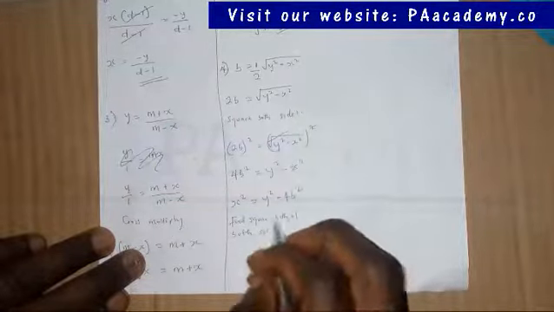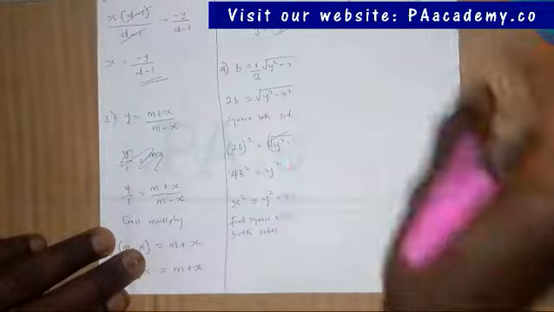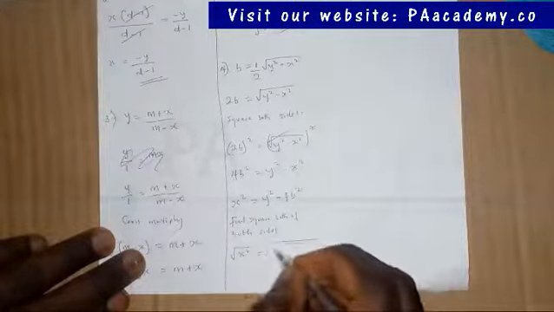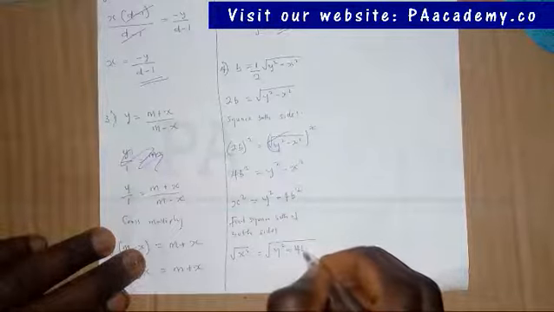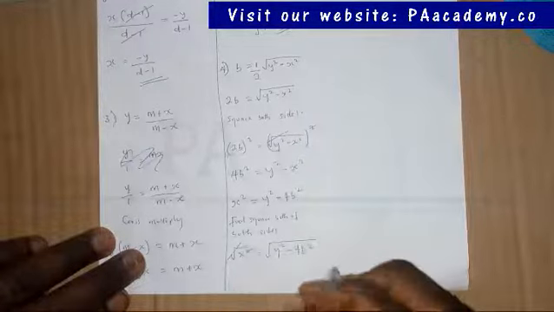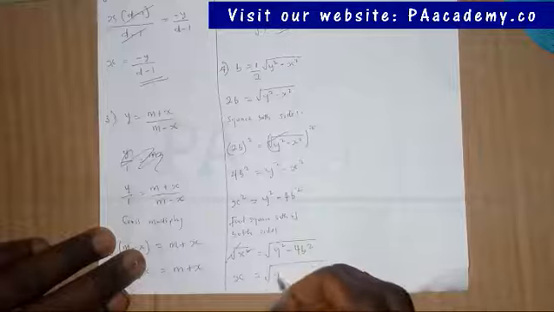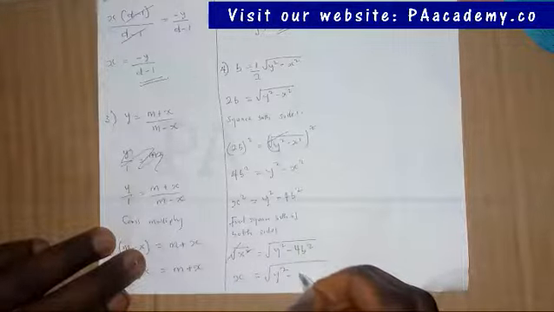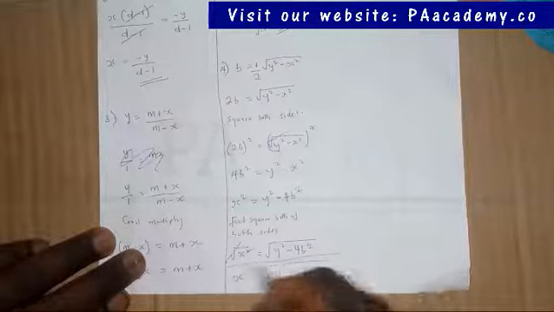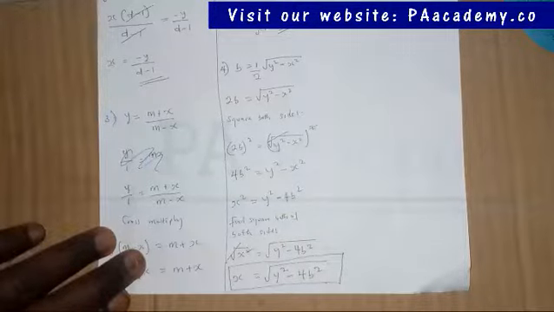Exactly. So what we are going to be having is square root of x square equals to square root of y square minus 4b square. So the square root will cancel the square. So that means we are going to be having x equals to square root of y square minus 4b square. And this here is what we'll get if you make x the subject of the formula.